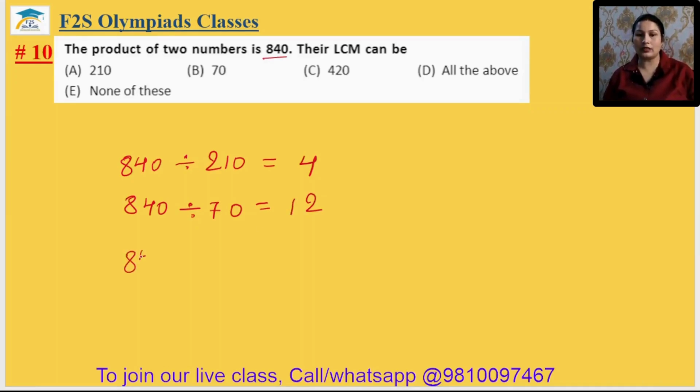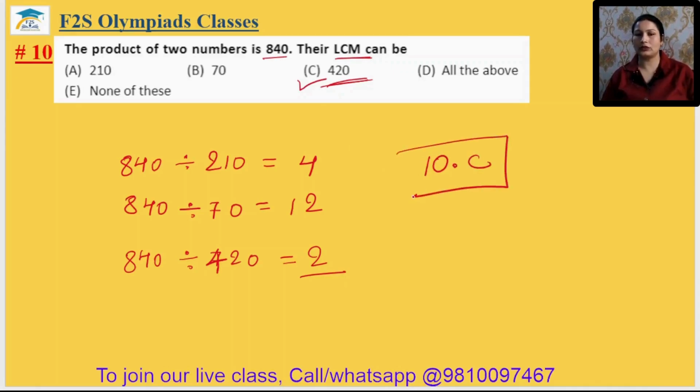Now 840 divided by 720. Sorry, it is actually 4. It is the highest one. The highest factor will be the LCM. Okay? So option C is the answer. 10th answer is option C.